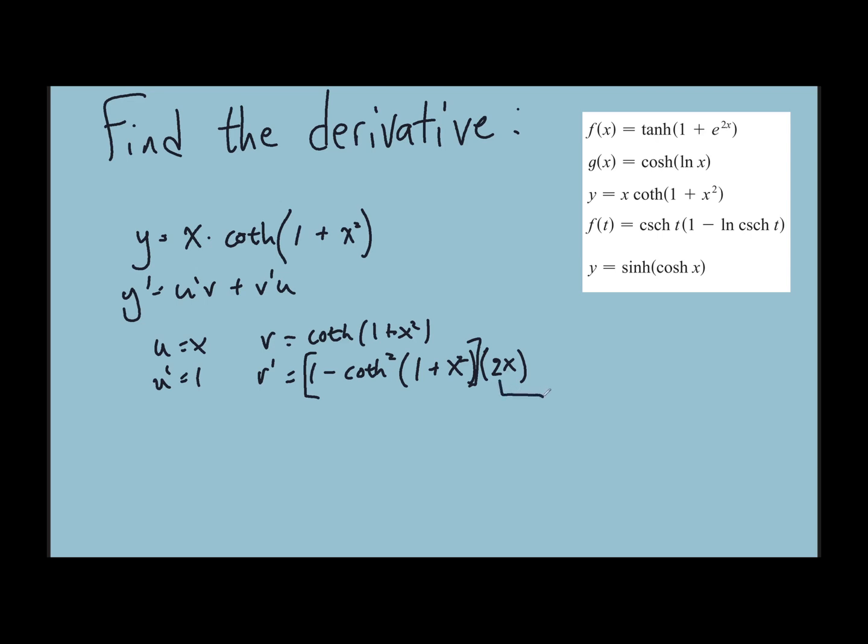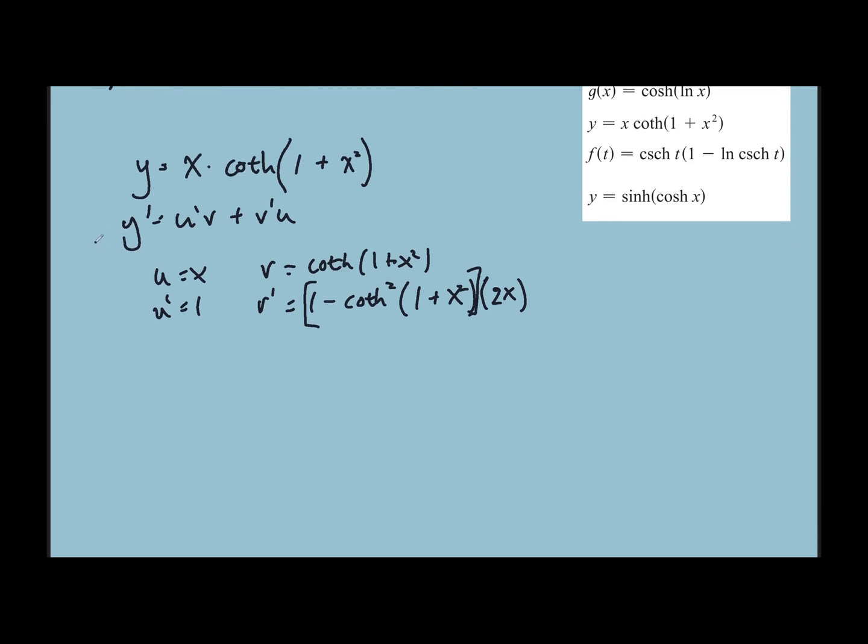I was kind of thinking about bringing the 2 out there, but I don't actually believe that's the case because it's not a function, and not another chain rule function thing. It's just 2x is the derivative. So we can work it out. u prime is 1, so that's easy. So the first term is just going to be the original. I like that.